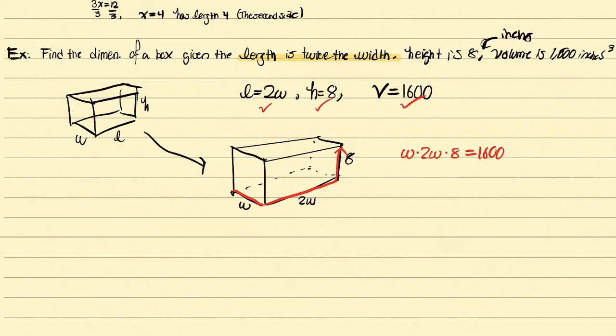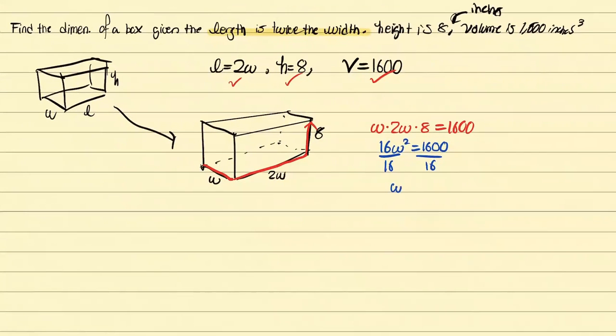I know the volume must be 1600, so we'll multiply this through to get 16 times W squared is equal to 1600. Now what I'm going to do is divide both sides by 16 to get W squared is equal to 100.